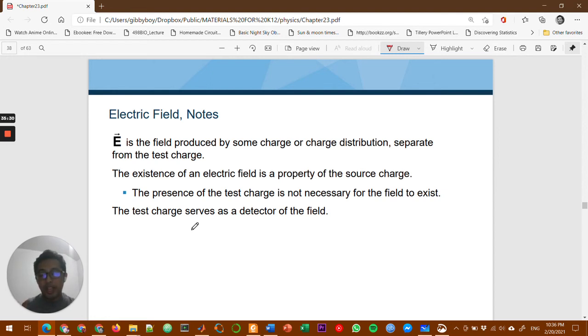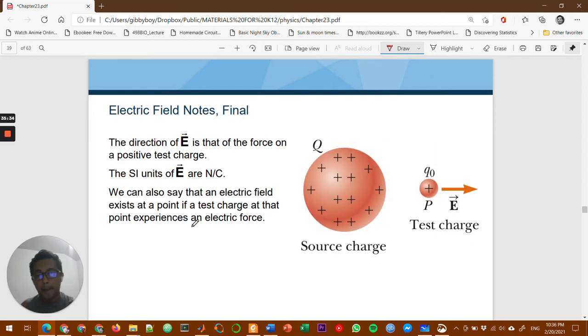And they terminate on negative charges, because the negative accepts them inward. In the case of two charges, you have the positive and the negative. Some lines will begin and end at the negative, but the others will just go toward infinity. And another thing is no two field lines can cross.